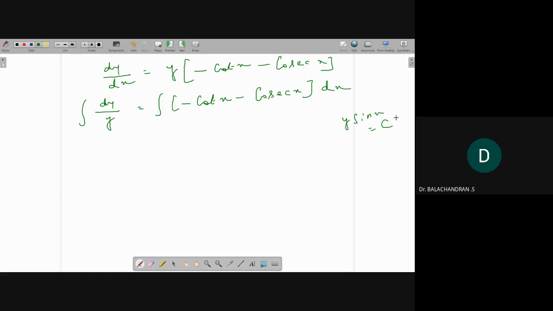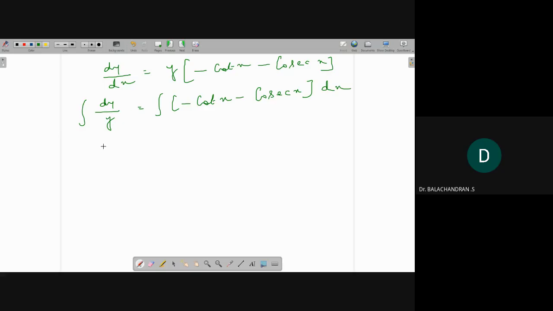Okay, so it is better to write in terms of sin and cos. Don't keep it in cosecant x and cot x. The simplification may be different, but it is better to write the final answer in terms of sin and cos. That is the most simplified form. Okay, thank you.